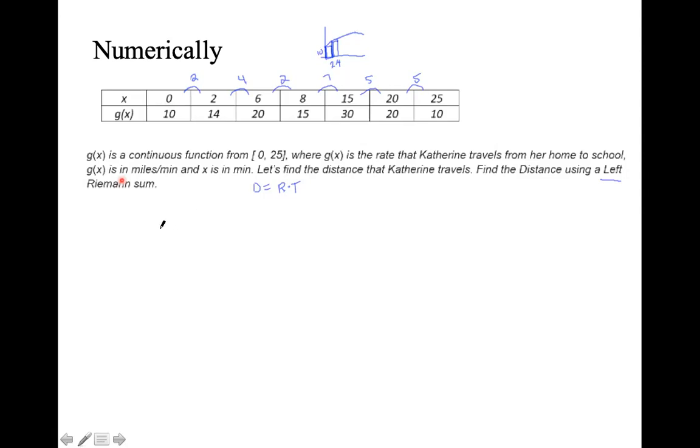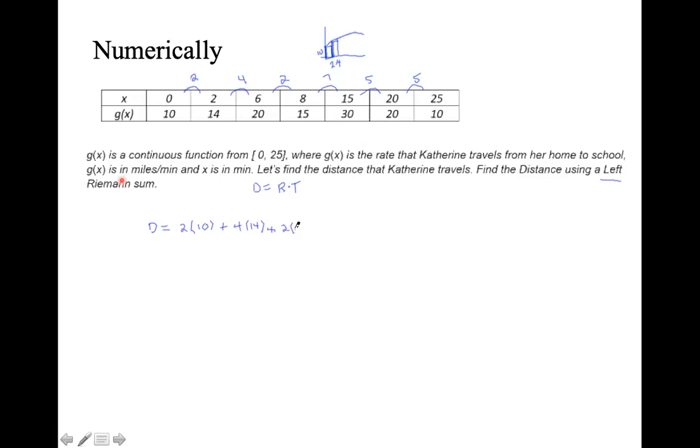All right, so again, the distance is going to be our first width, which we said was 2, and the first height of that first rectangle is 10. So we have 2 times 10 plus our next width is 4, and our next height we said was 14, because remember we're using left, so we're starting with this left height.